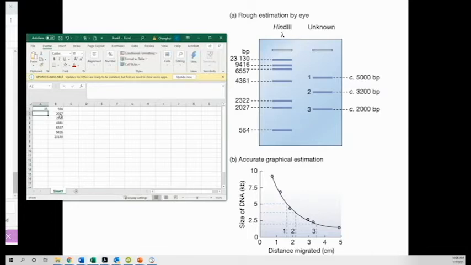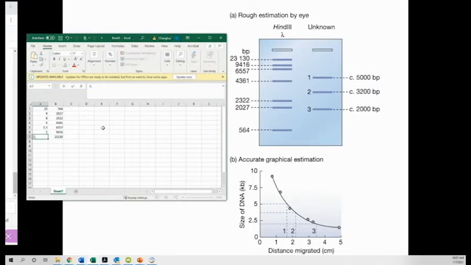And then for the next one, let's say 9, and then we have 8, and 5, 3.5, 2, 0.4.